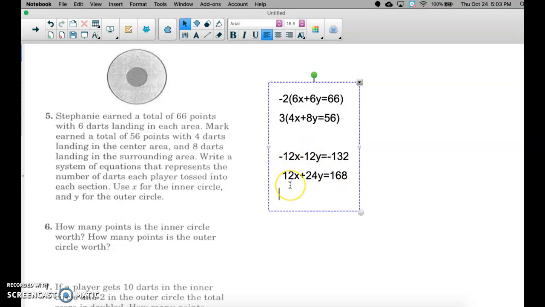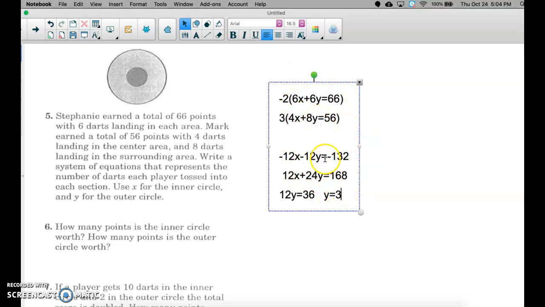Now I can just add those down. My x's eliminate. I get 12y equals, and then the difference between these two is going to be 36. When I solve that, I get y equals 3. And then I just plug that back into one of my original equations.